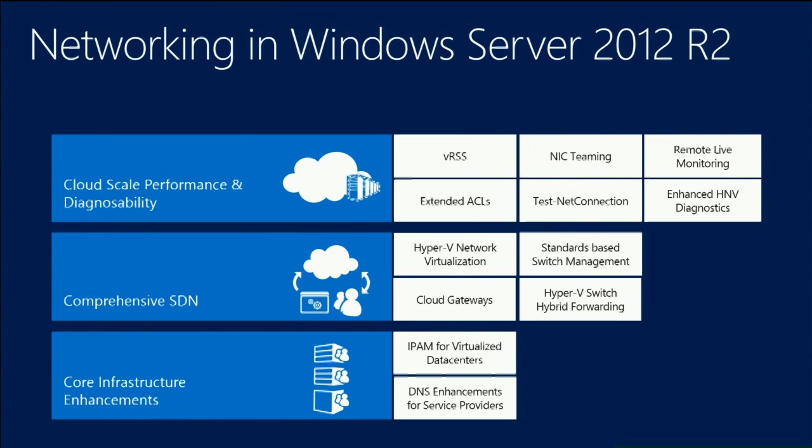What are people talking about when they say SDN in the first place? So we extended the SDN story that we started in 2012 with a range of in-box enhancements and a great set of partnerships with the ecosystem. And finally, we have a set of core infrastructure enhancements to cloud optimize what we have already built. So what I'm going to do now is start diving into each one of these broad areas.